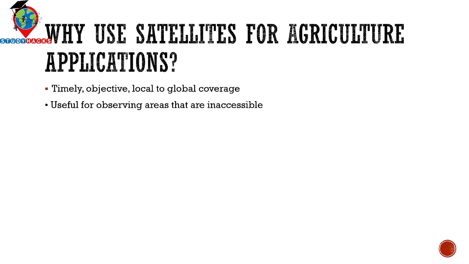Suppose some area you cannot access, then using remote sensing or satellite technique, you can easily access this type of region and observe this area. What is the condition of their crop? What is the condition of their productivity rate? All of these things we can easily do using satellite remote sensing application.